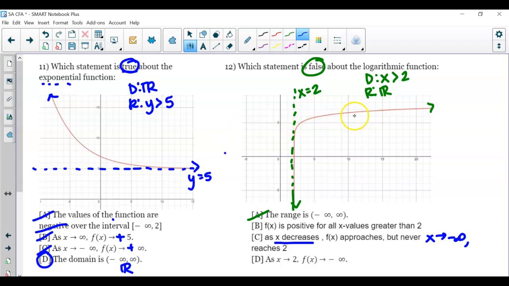No. The x values are only approaching but never reaching 2. So as x is approaching 2, the f of x value is approaching negative infinity. So D is true, but that's why C is false, because the x values are not going all the way into negative infinity. They're approaching 2.